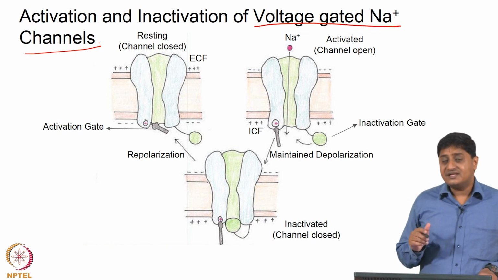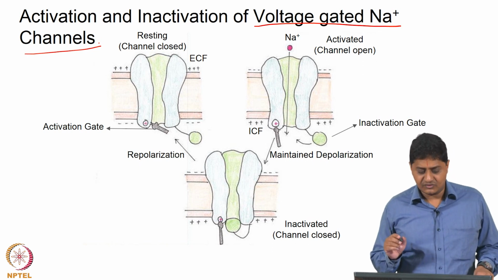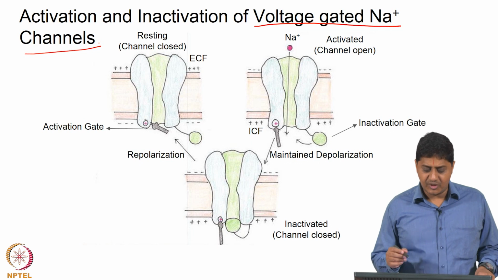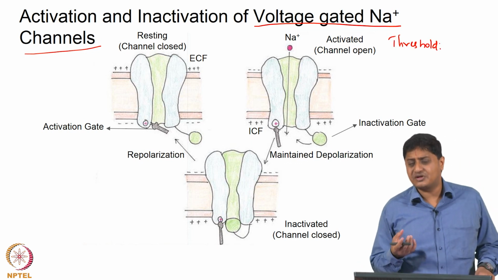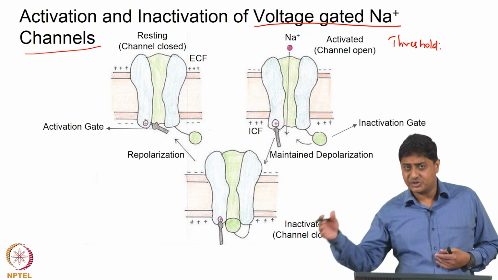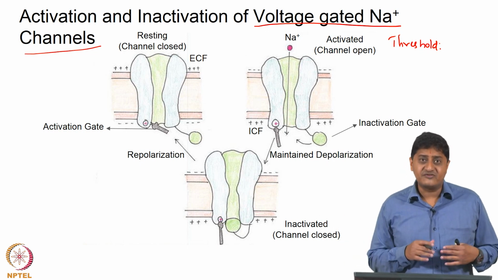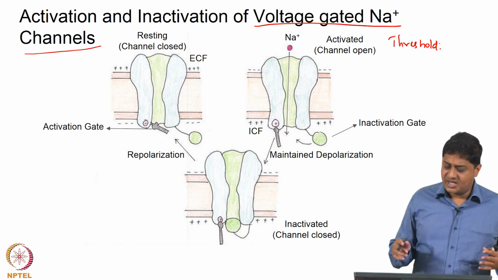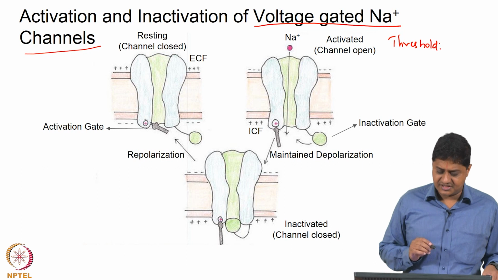There is a particular point at which this voltage gated sodium channel will open. This point is called threshold. In general, when we say threshold is reached, action potential happens. We use this as if threshold is reached for the entire membrane, but what is actually happening is that threshold is reached for this particular voltage gated channel.